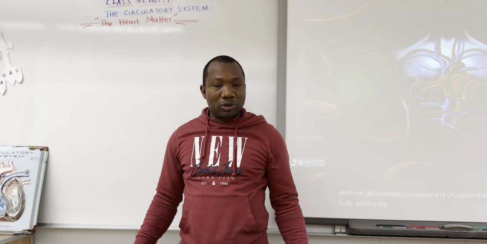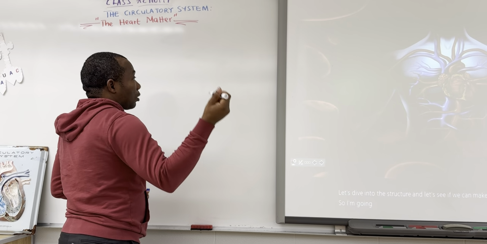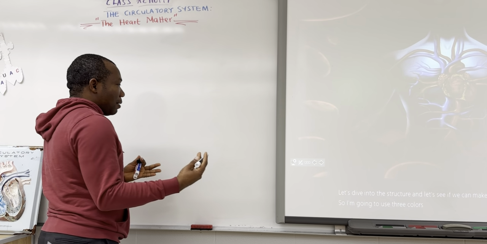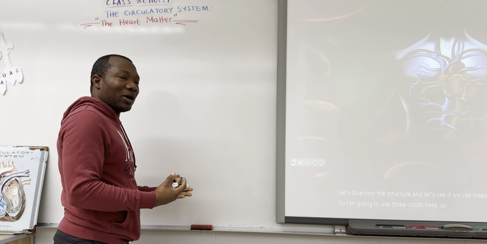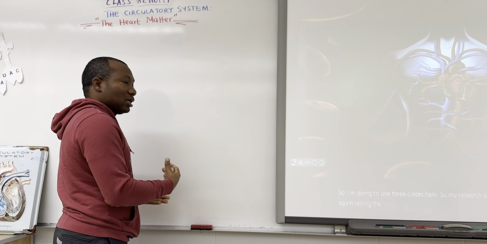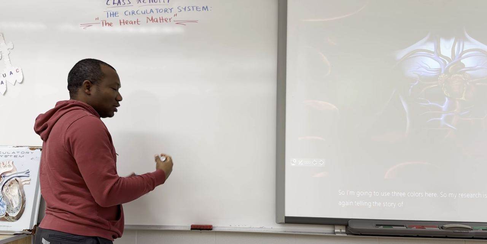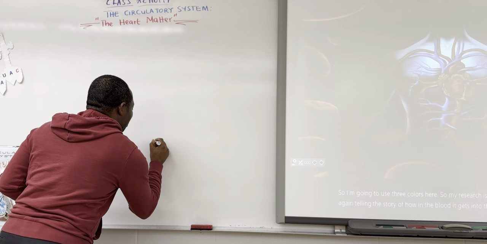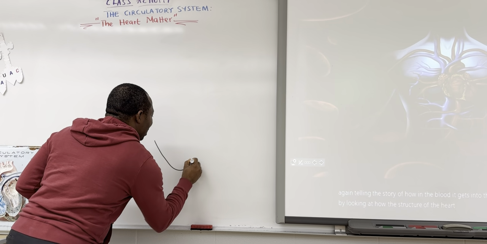Just follow me. I'm going to use 3 colors here. I might decide to start from anywhere, but again, telling the story of how blood gets into the heart, I might just start by looking at how the structure of the heart is. I might start from this point.